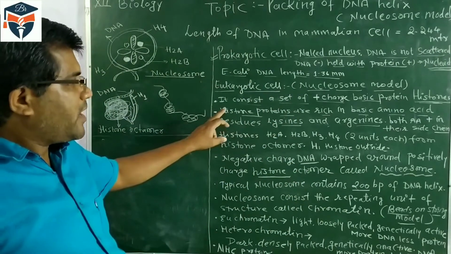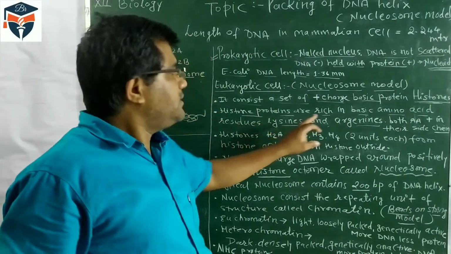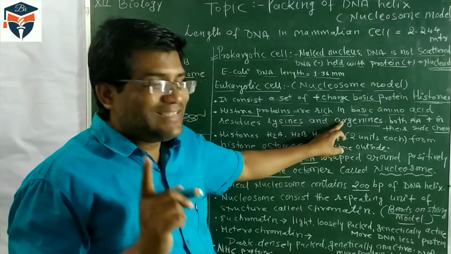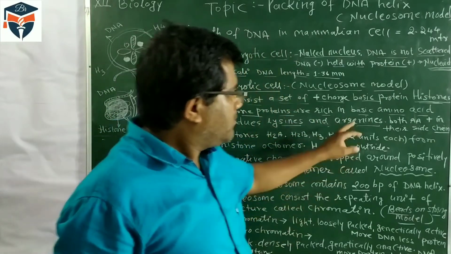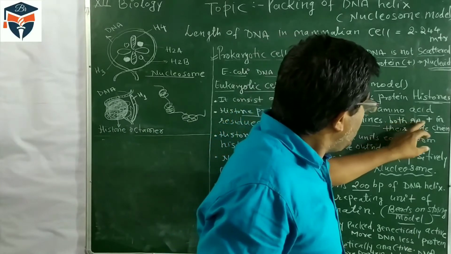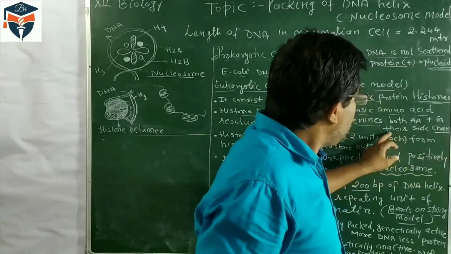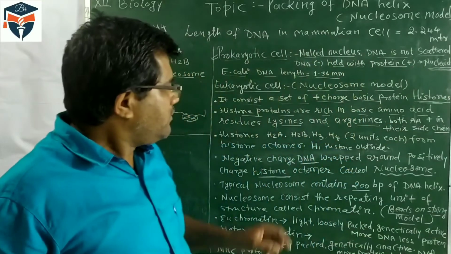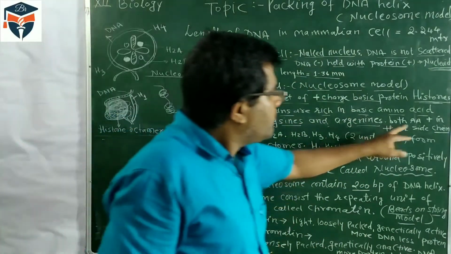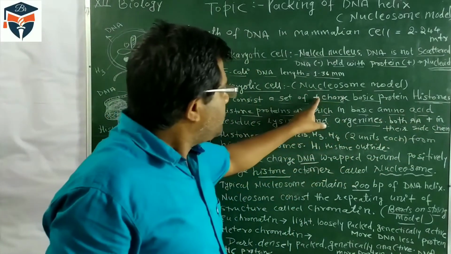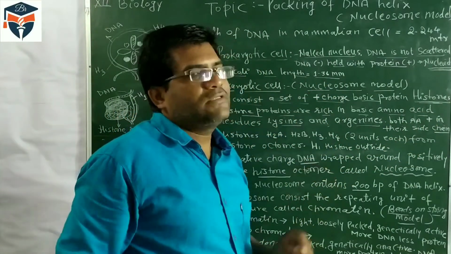Histone proteins are rich in lysine and arginine. This is the second point. Both lysine and arginine amino acids are positively charged in their side chain. As I told you, these proteins are positively charged.